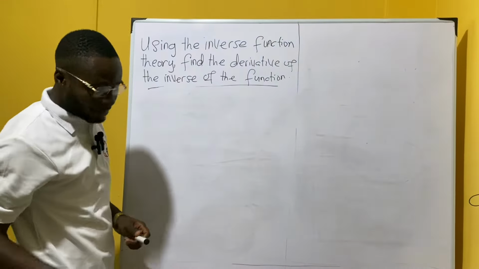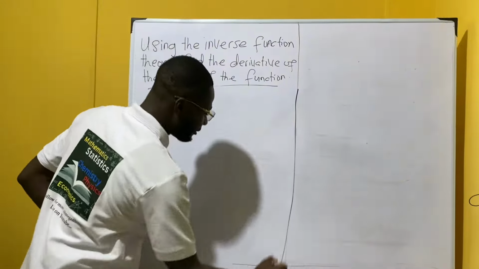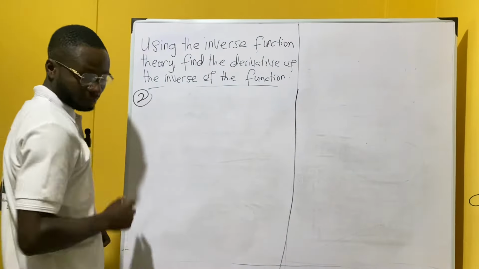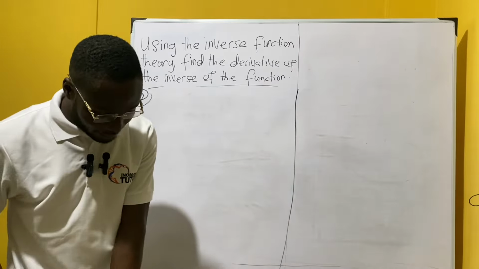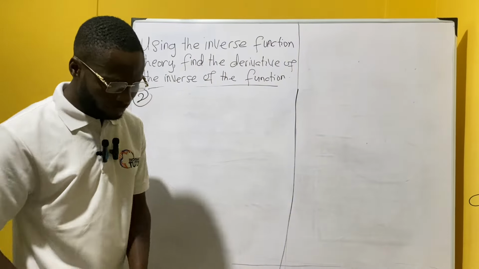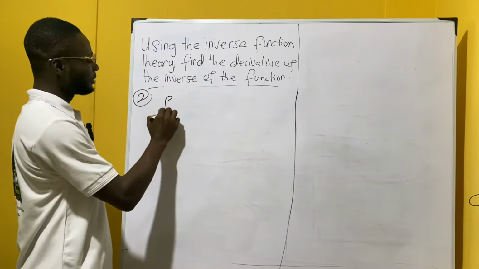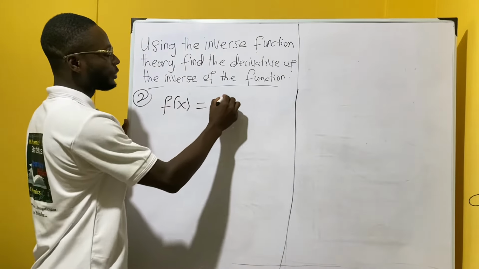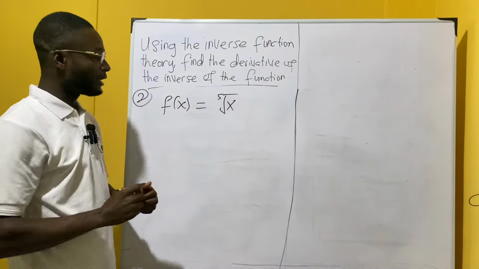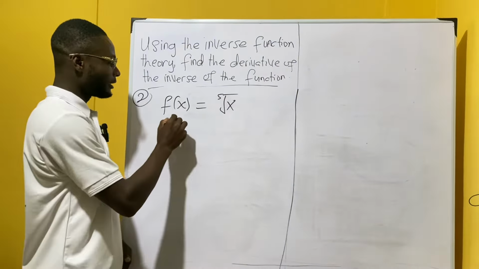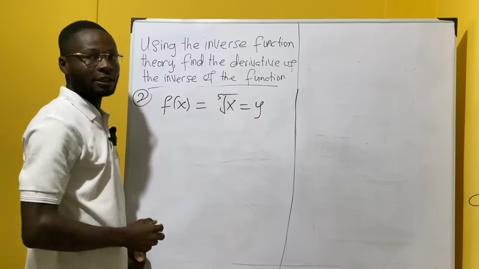Let's look at another problem on the same inverse function theorem, right? So our next problem is f of x is equal to the fifth root of x, right? So this, we already know that this is equal to y, right?